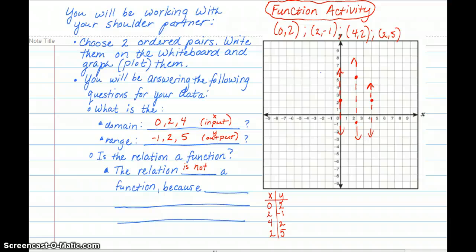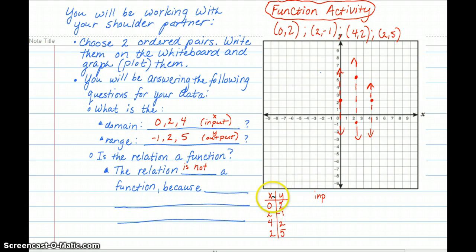Now, if we were only determining whether or not something was a function, in testing and worksheet situations, and in fact on page 67 in your text, you will see an odd way of showing this.